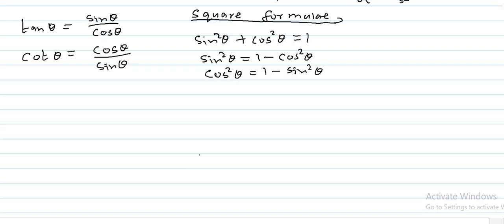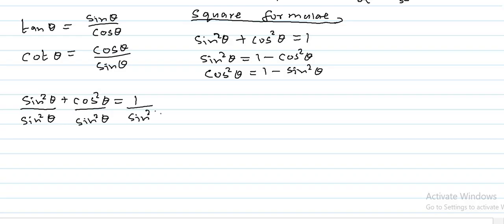So again, from our square formula, we had sine squared theta plus cos squared theta equals 1. When we divide both sides by sine squared theta, sine squared theta over sine squared theta is 1, plus cos squared theta over sine squared theta.